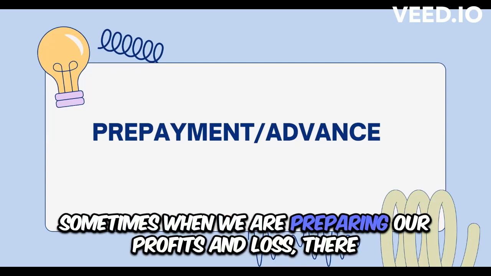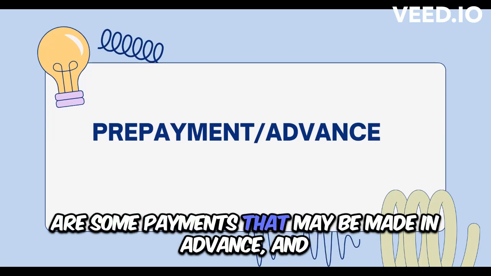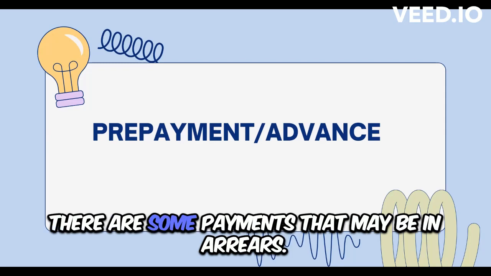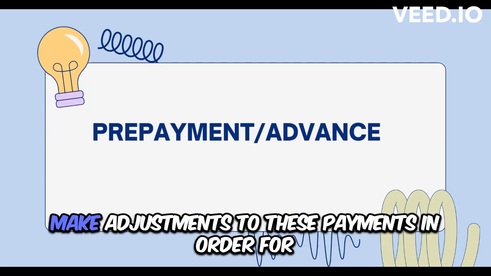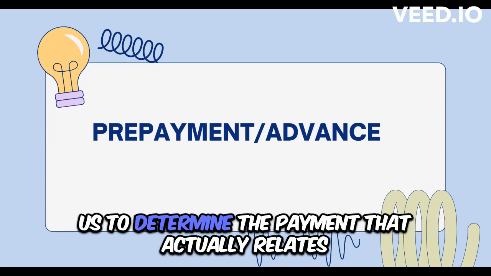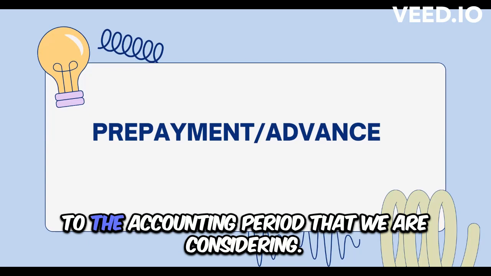Sometimes when we are preparing our profit and loss, there are some payments that may be made in advance, and some payments that may be in arrears, and there is the need for us to make adjustments to these payments in order for us to determine the payment that actually relates to the accounting period that we are considering.